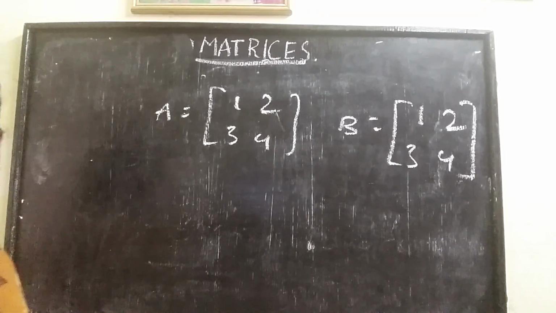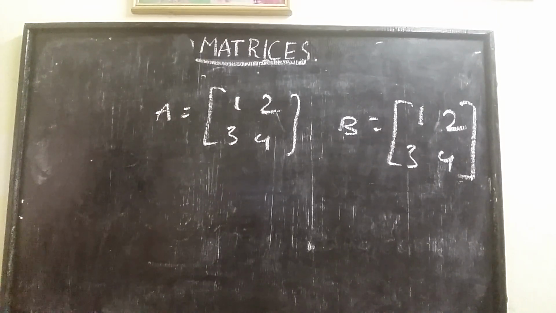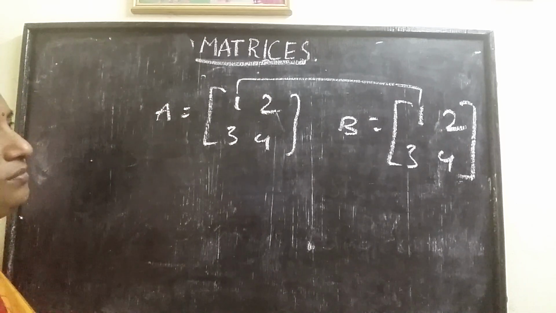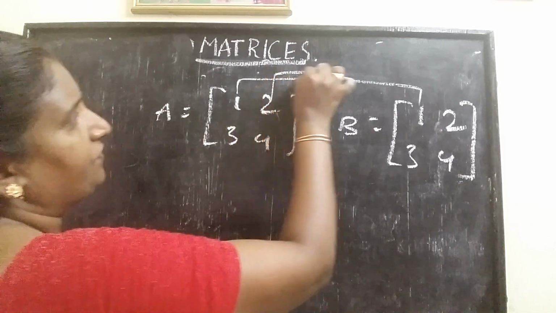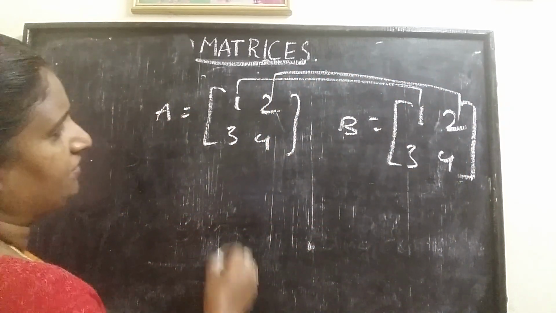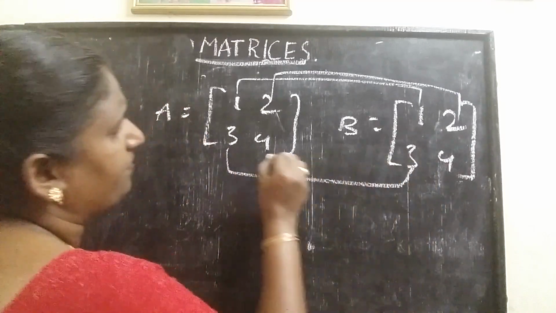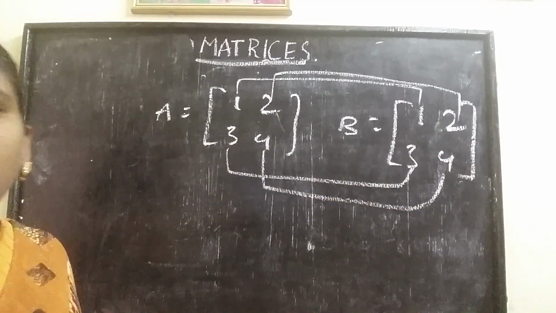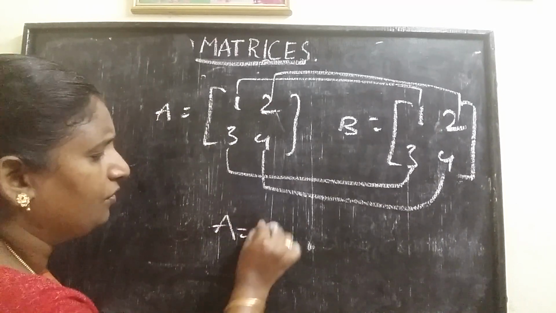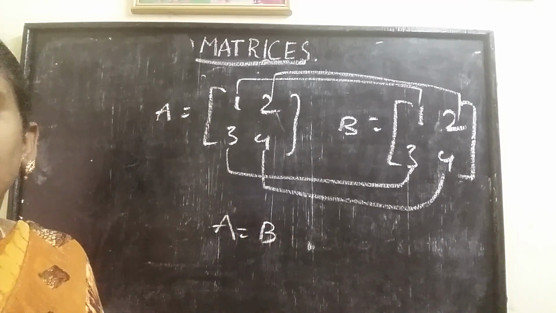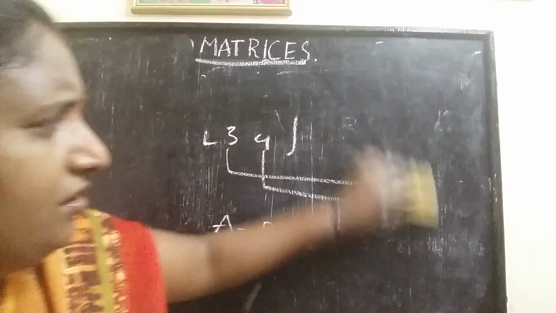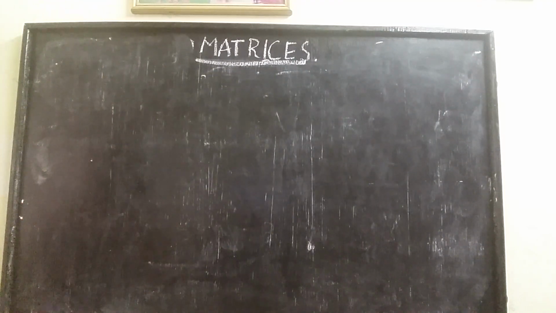The first row first column elements are corresponding elements, 3 and 3 are corresponding elements, 4 and 4 are corresponding elements. Those are equal, so now we can say that A is equal to B. Understood now?